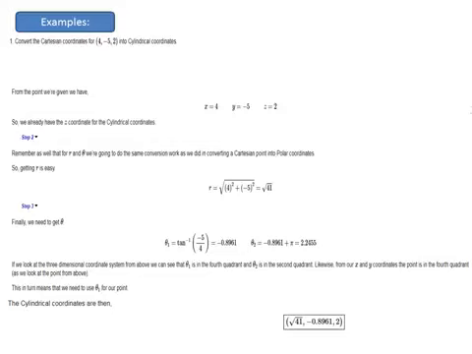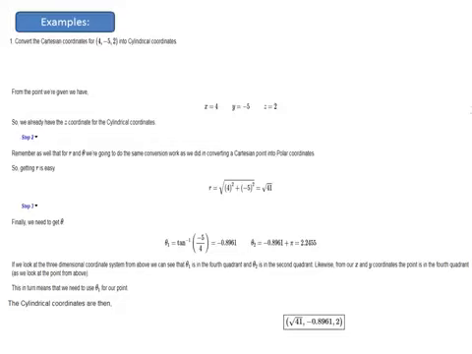Step by step, we already have the z coordinate for the cylindrical coordinates, which is z equals 2, as we have done and practiced in so many questions, the third coordinate z remains the same in the cylindrical coordinate system. Now we have to find the remaining cylindrical coordinates, r and theta.